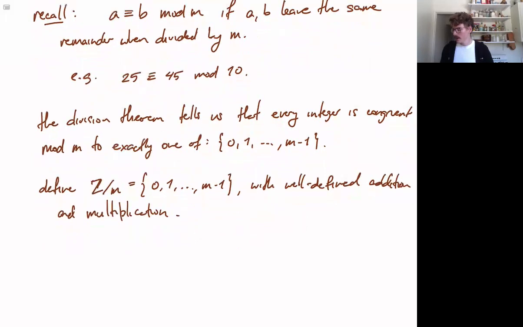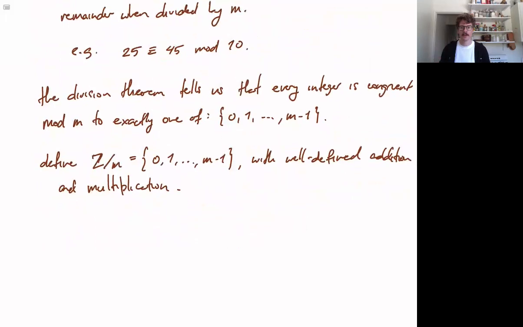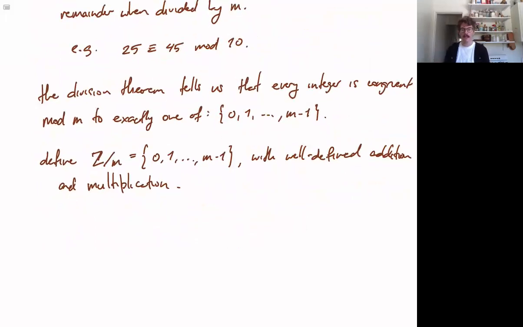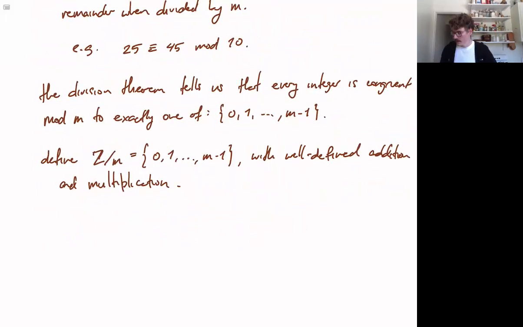So something that I didn't say last time that I want to bring up this time in case it's helpful, a common analogy that you'll hear is that you can think of this like a clock. So in the same way that as the hours keep going by, eventually you get back to where you started. And that's the same way that modular arithmetic works, essentially.